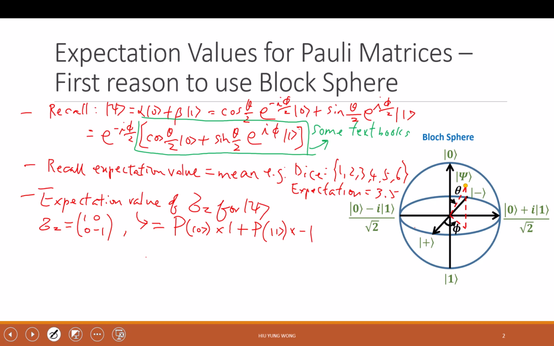Correct? Now, if I give you this state, what is the probability of getting 0? Alpha's magnitude squared, right? Good. And what is the probability of getting 1? Beta's magnitude squared, right? Now you come to here, this is a complex number, so what is the magnitude of this?